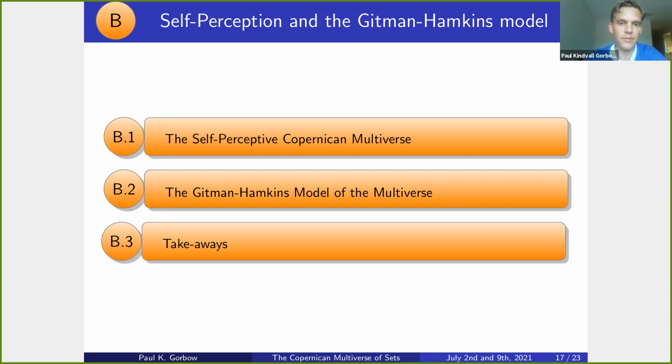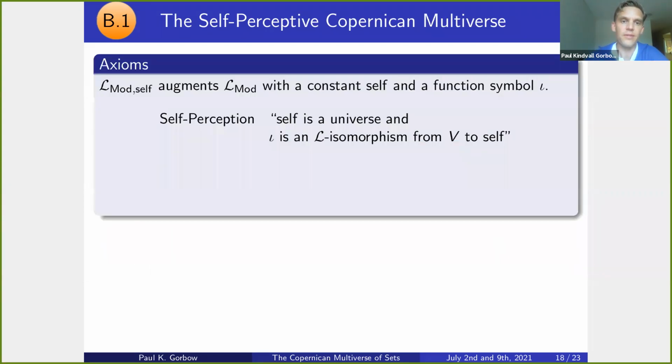So starting out with this self-perception axiom, it looks like this. We are in a context where we're working with the language of set theory. We have also added the term calculus to implement syntax in Gödel's manner. It's convenient to have a term calculus when you're referring to syntax.